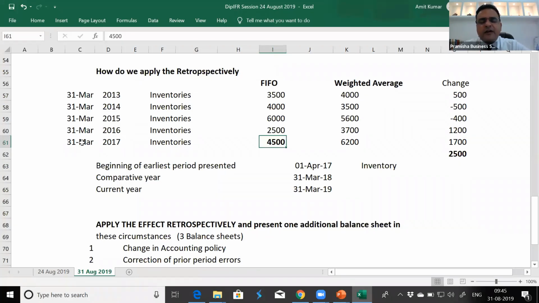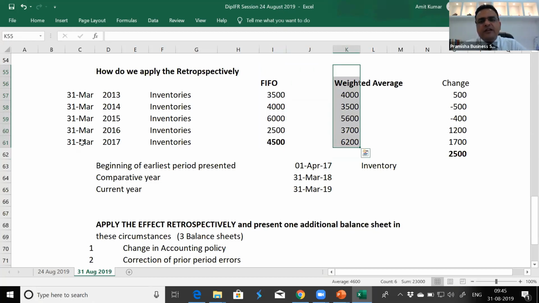The retrospective effect will be applied in the same manner whether you are changing an accounting policy, changing the GAAP, or correcting a prior period error. We can also say that this is with error and these numbers are without error. We can also say that these are previous GAAP and these are the numbers according to the new GAAP.